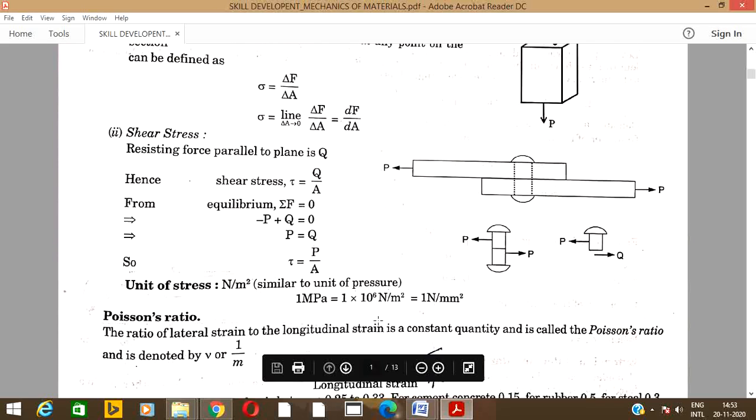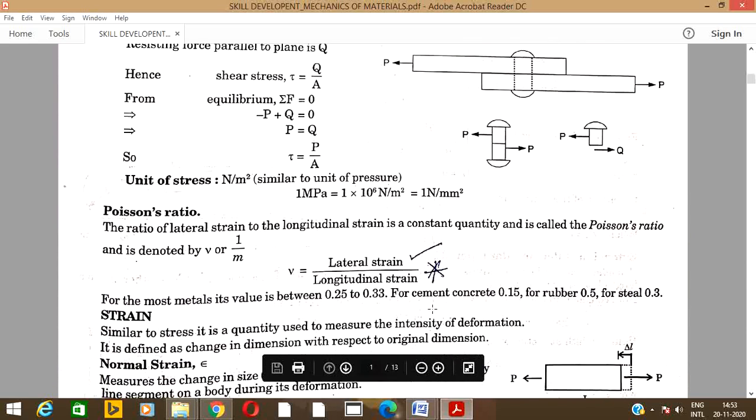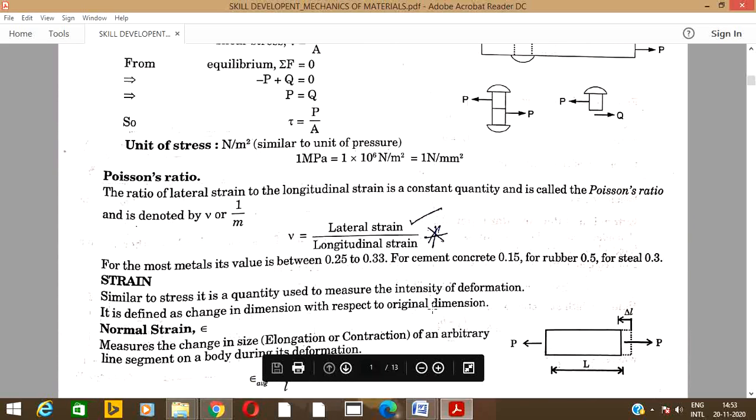That is 10 power 6, so this 10 power 6 and this 10 power 6 get cancelled. The remaining is 1, that is 1 Newton per millimeter square. Then without any conversion, you can use 1 megapascal is equal to 1 Newton per millimeter square. Next, you have some constants here.